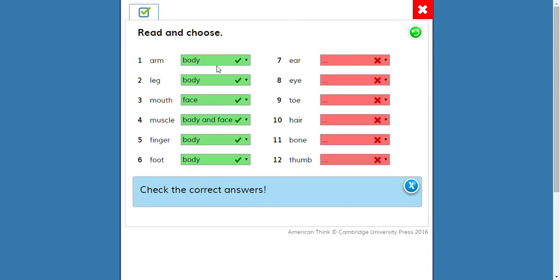Could be body, no? Could be face, or both body and face. So, 7, 8, 9, 10, 11, and 12 is for you. Okay, you are going to do this part. I help you with the first part and you continue. You can do it or you can wait for our classes and continue. You can stop the video if you want.